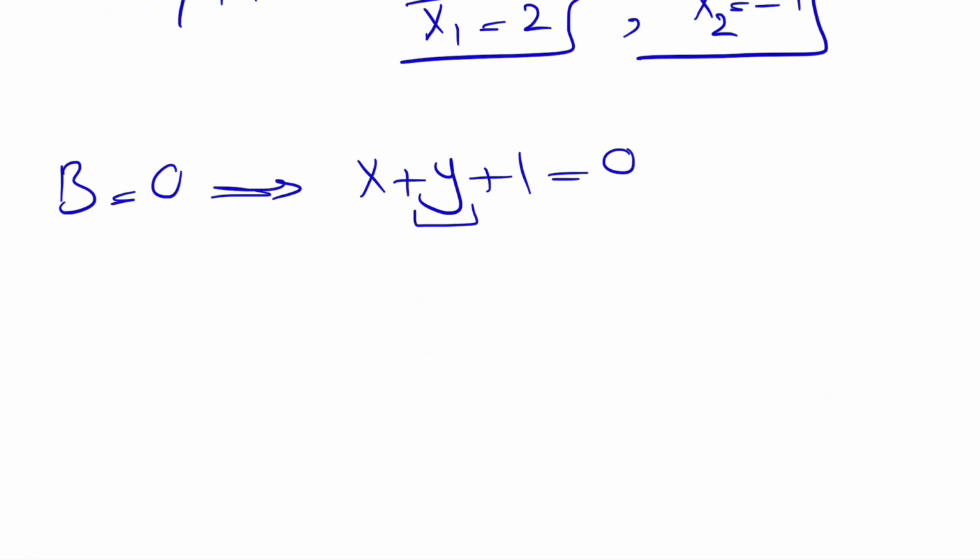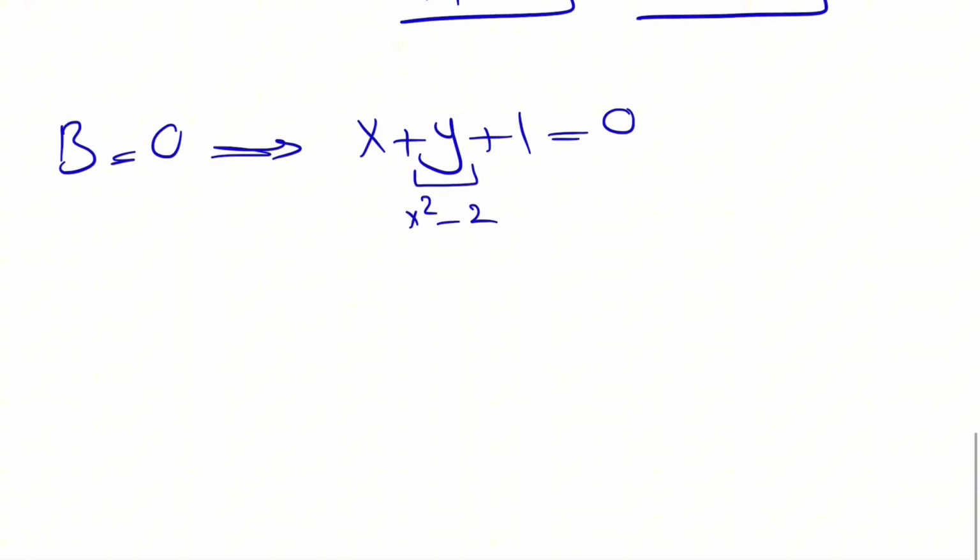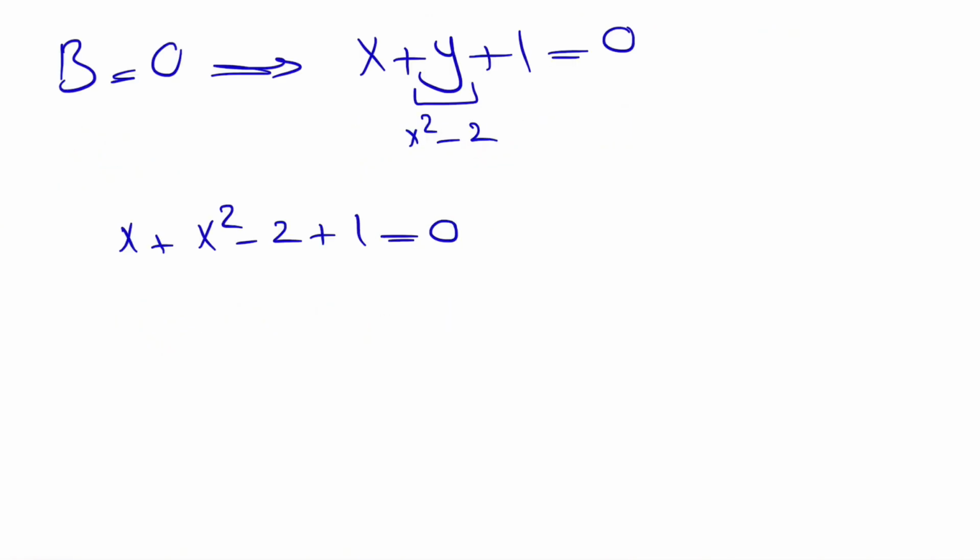So we're just going to put x squared minus 2 instead of our y. So our equation can be written as x plus x squared minus 2 plus 1 is equal to 0. And basically we have minus 2 plus 1 is minus 1. Our equation will turn into x squared plus x minus 1 is equal to 0.